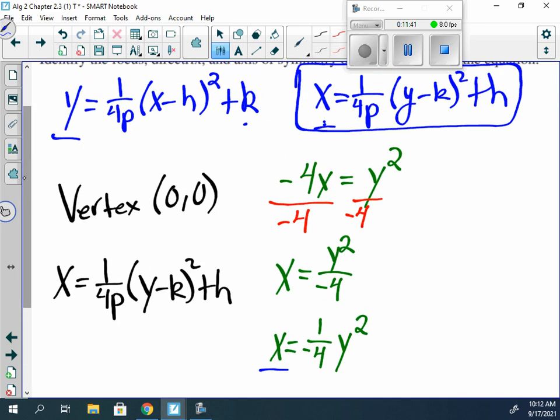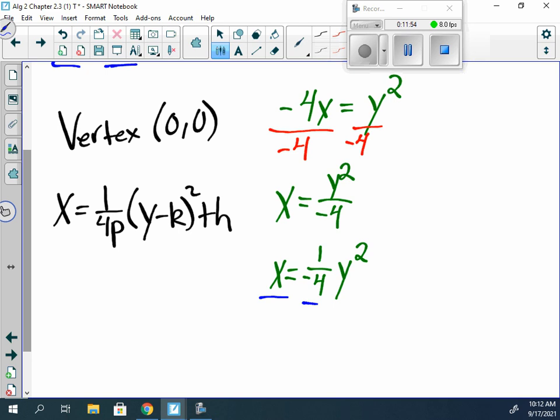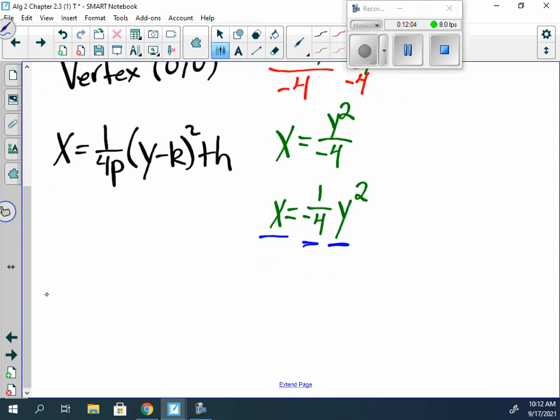Now the rest of the equation: we have 1 over 4p times the x or y that is being squared, either in parentheses or without. Do we have a number multiplied by y squared? We have that, and then everything else falls in place. So we have it in the way that we want, because that's the way I want this set up. Any questions on how we got this set up or got to this step?